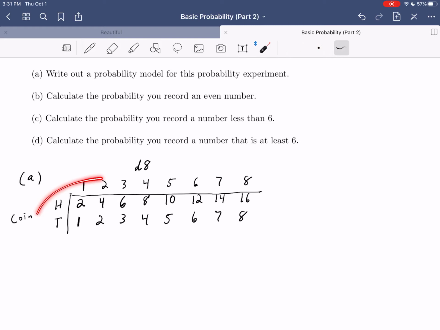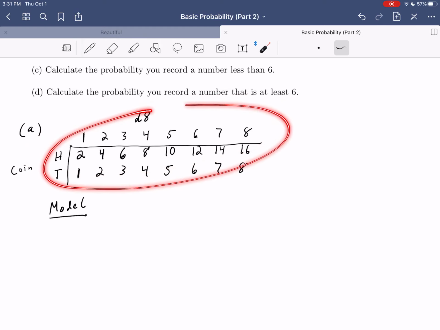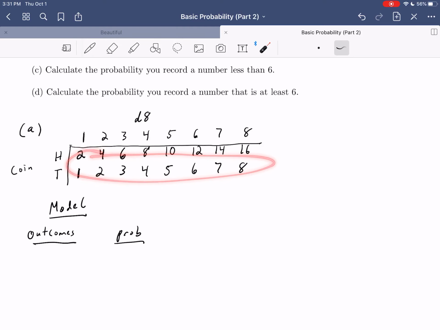So we can make use of this in terms of writing out our model. Keep in mind, in terms of the terminology, this right here is not the model. This is just an organizational technique. The model is, of course, the outcomes with the probabilities. So what are the possible outcomes here? Anything that's unique in here is an outcome.